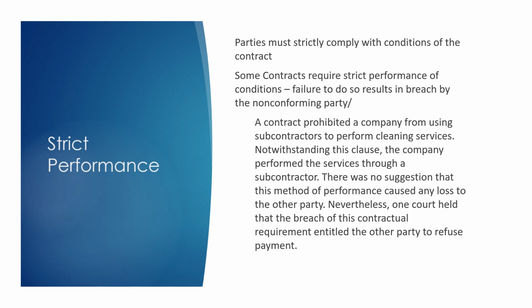But the party who hired them to clean said, I'm not paying you because this is a breach. This was a strict performance condition, and you did not follow it, so I'm not going to pay you. One court held that the breach entitled the other party to refuse payment because it was strict performance.